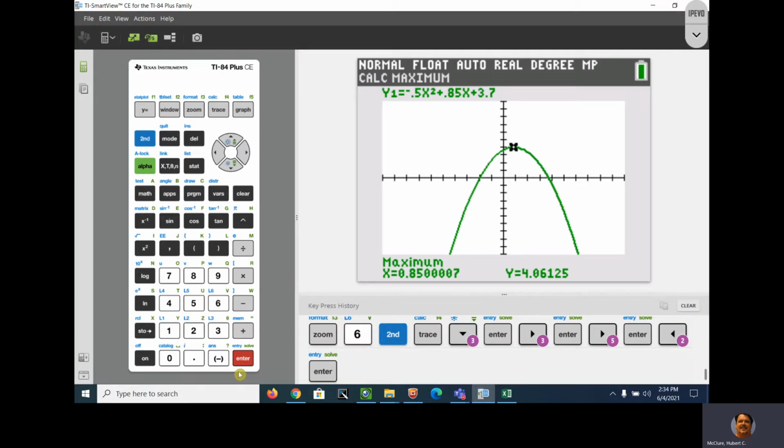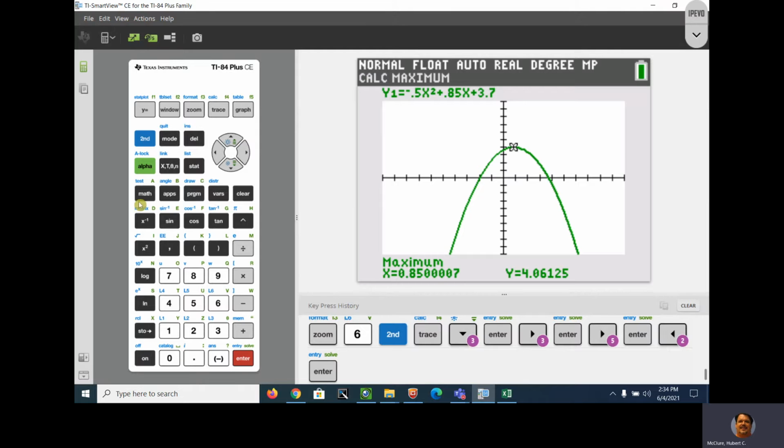Now, why, Hubert, why are you finding the vertex? Because it will ask for it, because that's the highest point. And at 0.85 feet from the stump, the frog reaches a maximum height of 4.06 feet. And that's the highest point.